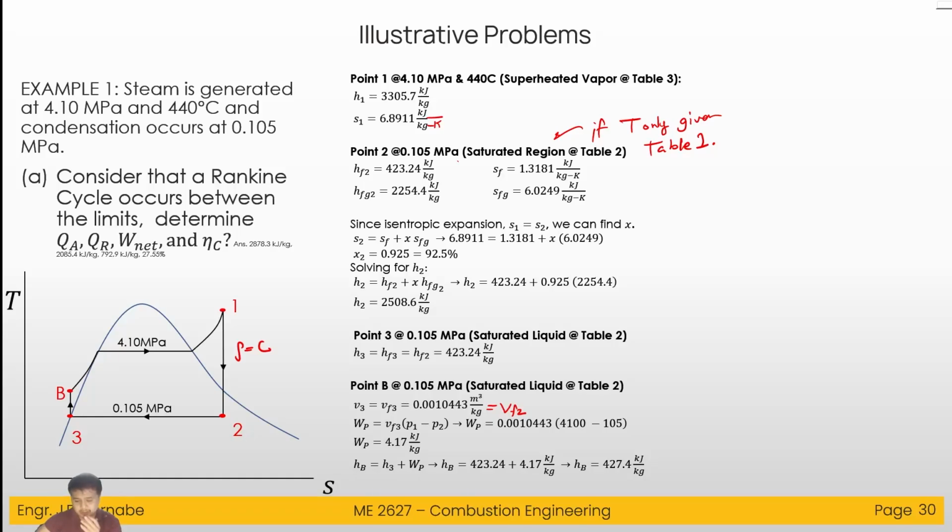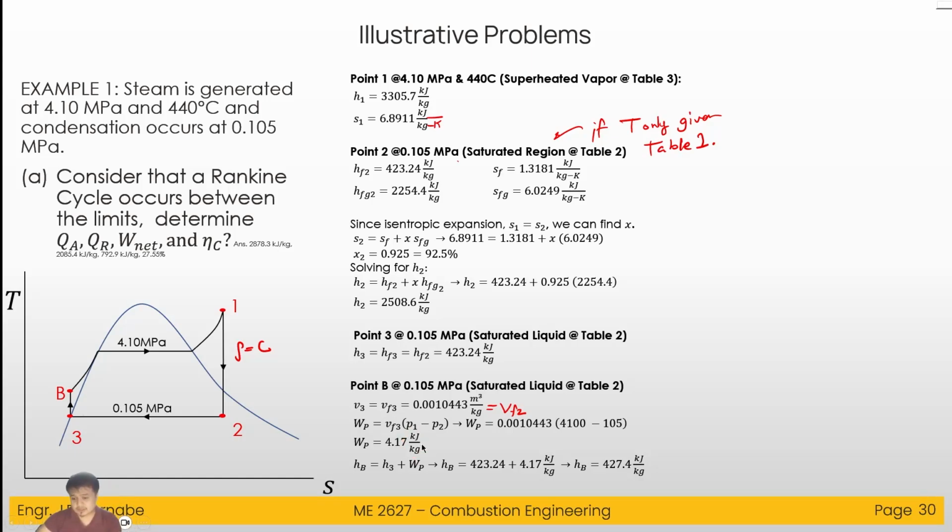But anyways, the pressure is given, you can find this specific volume. So the specific volume multiplied by the pressure difference. So the pressure difference here is in terms of kPa, no? We have MPa. We just converted this into kPa. So that we will have a unit of kilojoule per kilogram.